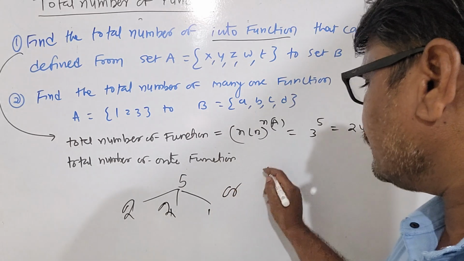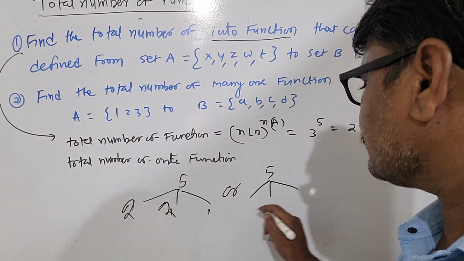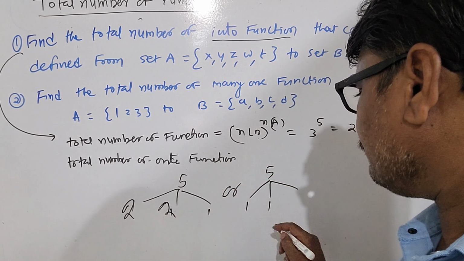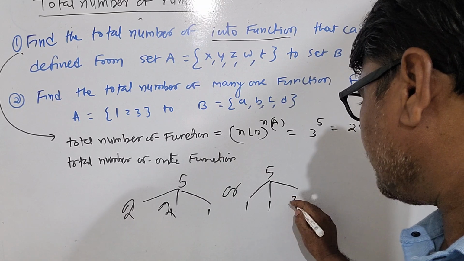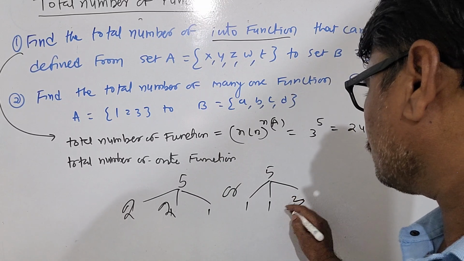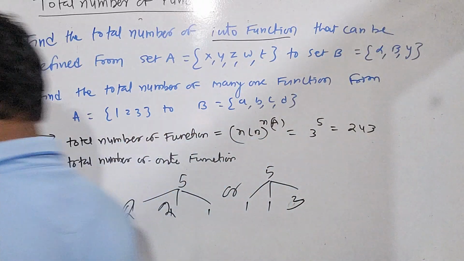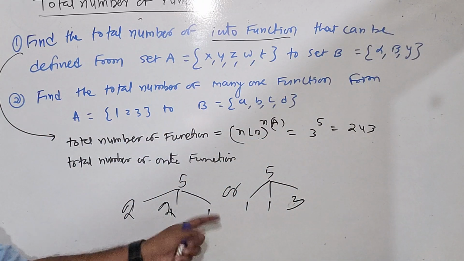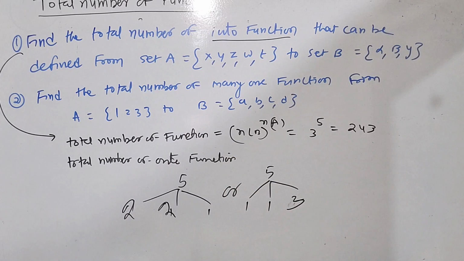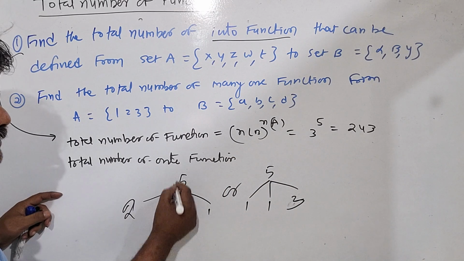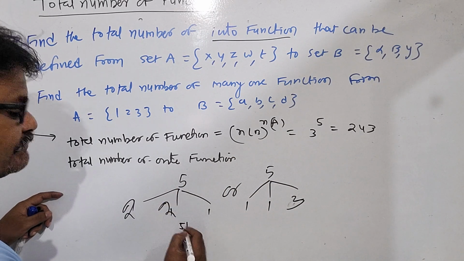Or it may also be possible that all the remaining 2 go to one box. So this way we can distribute as 2, 2, 1 and 1, 1, 3. Correct?